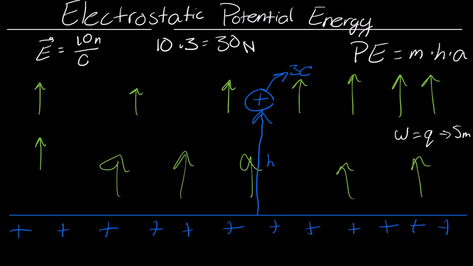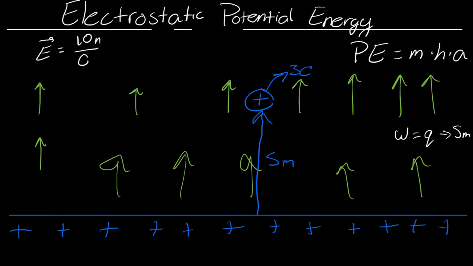And if you remember, work is just force times displacement. So the total force, which is 30 newtons, times 5, which is the height. Let me replace this h with 5 meters.